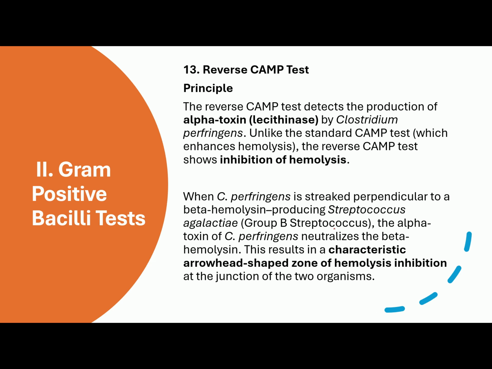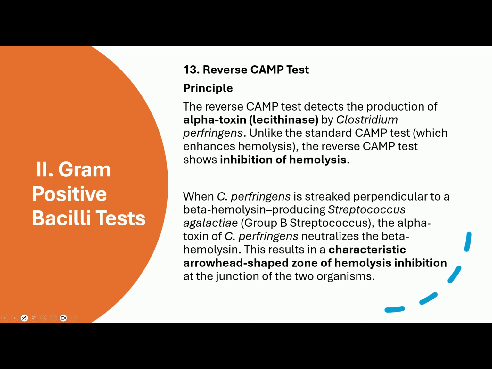When C. perfringens is streaked perpendicular to a beta-hemolysin-producing group B strep, S. agalactiae, the alpha toxin of C. perfringens neutralizes the beta hemolysin. This results in a characteristic arrowhead-shaped zone of hemolysis inhibition at the junction of the two organisms.